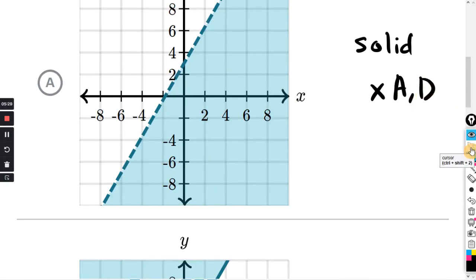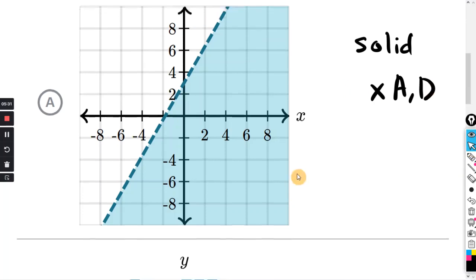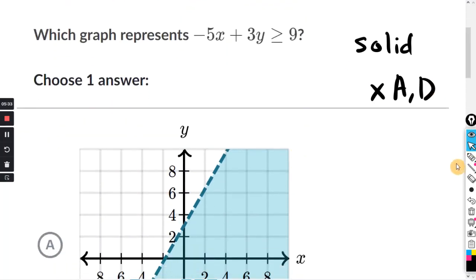Then we have to do a little bit of algebra, just to make sure this is correct. So let's solve for y like we did before. Here we have a negative 5x. The opposite is positive 5x.